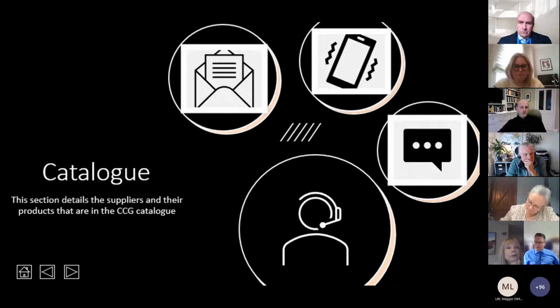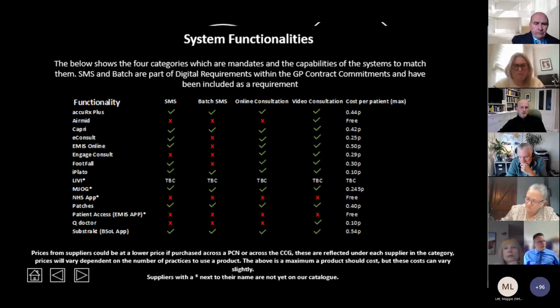So this is where it becomes more practical on the ground. There's an overview of some of the products and how much they cost and what functions they have. And as you can see, this is quite focused on online consultation and video consultation.